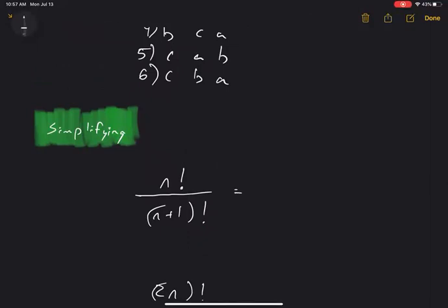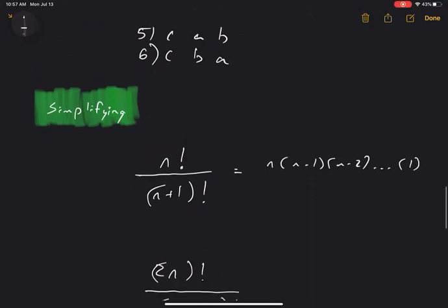If you're ever in doubt, just go to the definition. What is n factorial? That's n times n minus 1 times n minus 2, and so on, all the way down to 1. And n plus 1 factorial is the same thing, it just goes a step further.